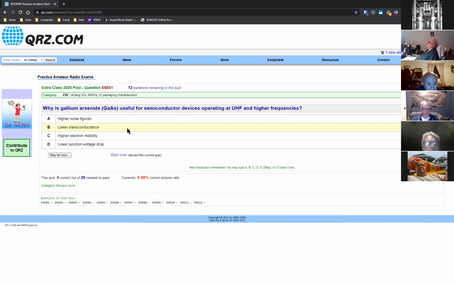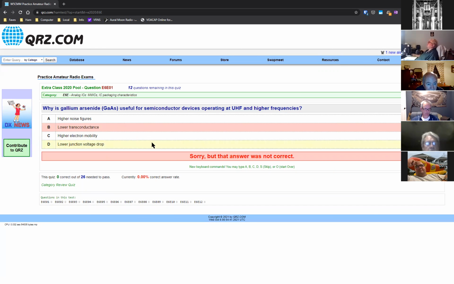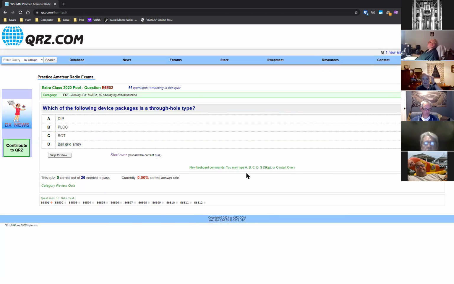D. Hmm, D. Lower junction voltage, wow. And it would have to be A, that's higher electron mobility.